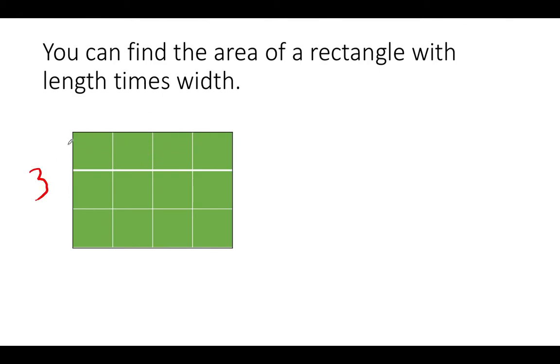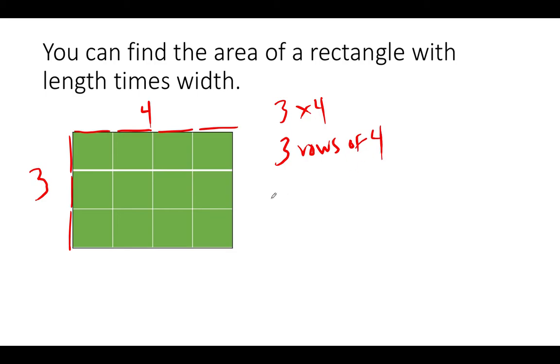The length is 3, because this side has 3 squares going down the side. And times 4, because this has 4 squares going across the top. 4 squares fit in each of these 3 rows. It's 3 times 4. 3 rows of 4, or 3 rows with 4 in each. And you could also use repeat addition.